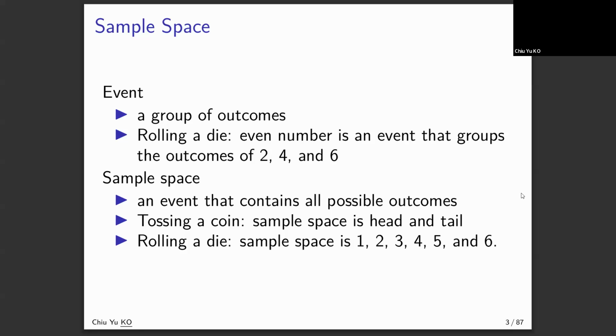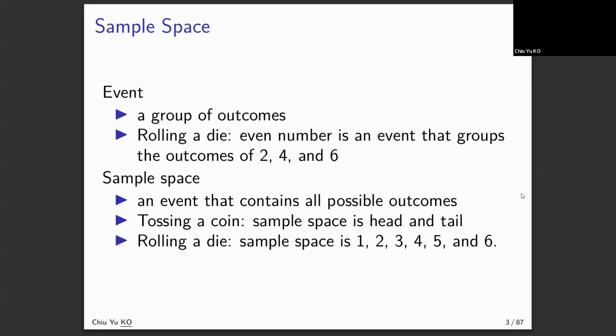An event of large number may be considered as consisting of outcomes 4, 5, and 6, and an event of small number as a collection of outcomes 1, 2, and 3. So a bunch of outcomes bundled together is called an event.